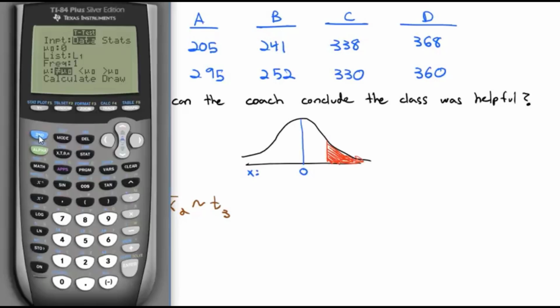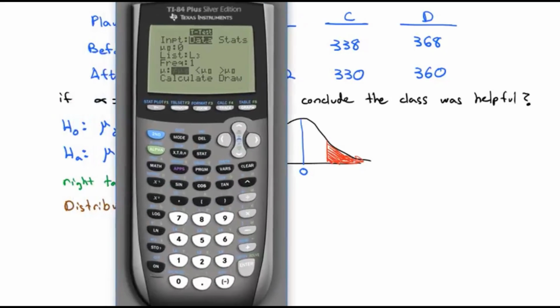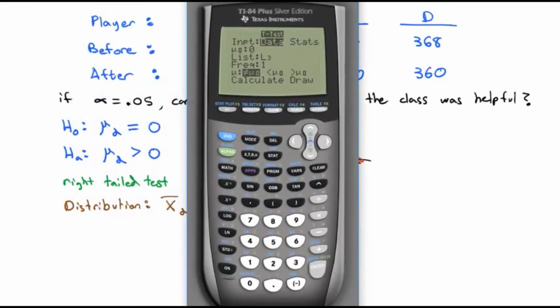That's where the differences are. So we'll hit second and the number 3 to give us list 3. Leave the frequency alone. For the alternate hypothesis, we want to show that the mean is greater than 0. So we need to select the greater than alternate hypothesis. And then we're ready to actually calculate.